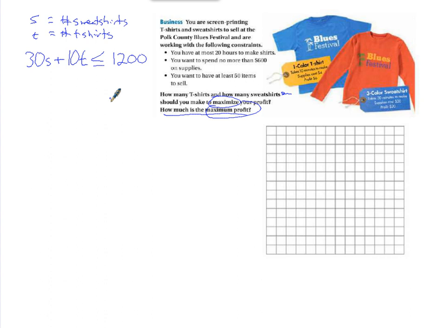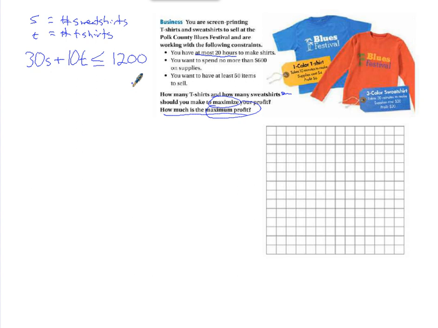I can't spend more. I have at most 20 hours to make shirts. So whatever I do, I better not go over 20 hours, which means less than or equal to.